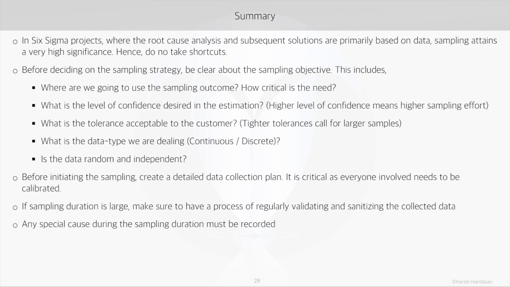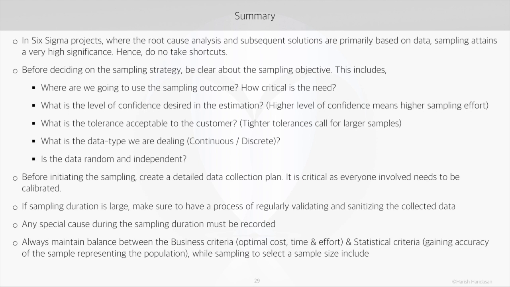Make sure all critical events in the process which carry a potential to influence the output are recorded. It will help in assigning the right cause to a typical trend or data behavior at a later stage when we get into the analysis.